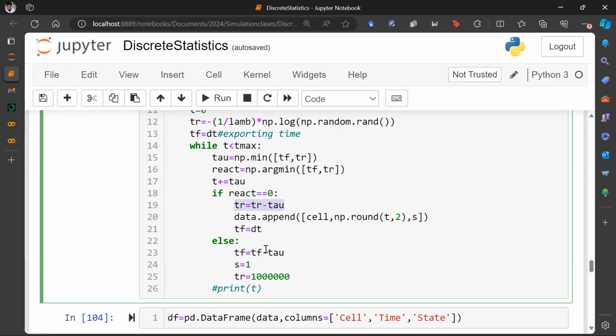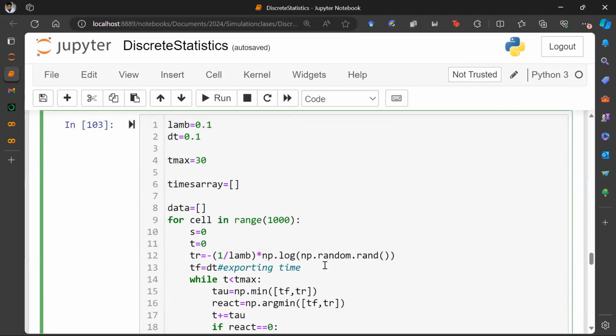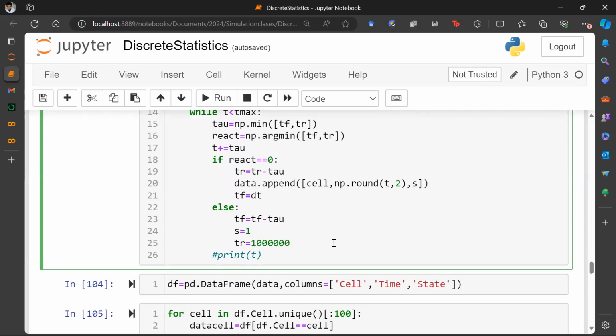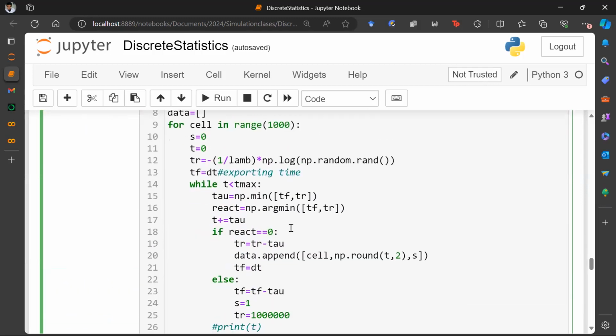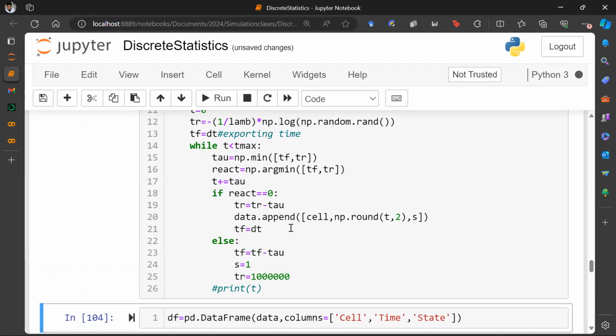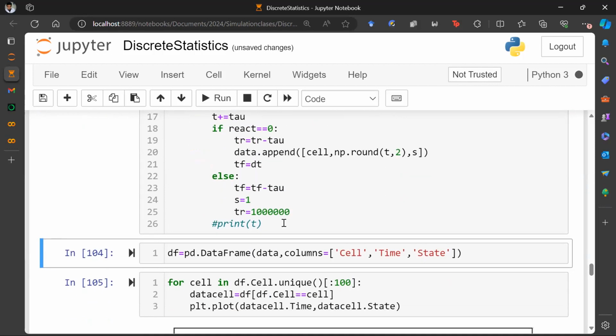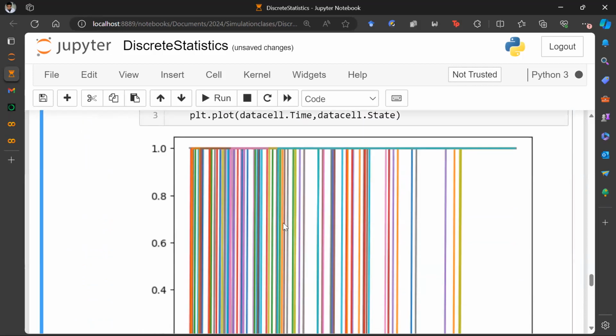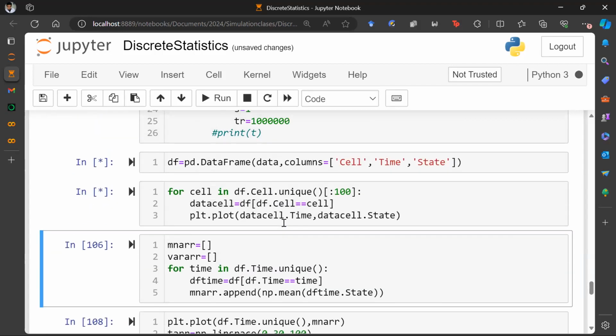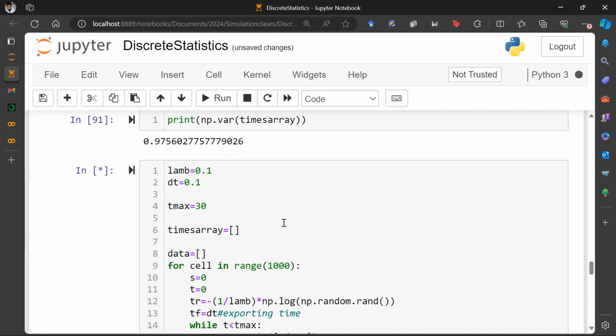The time for exporting is going to be reduced by tau. My state is going to be 1, and given I don't have more reactions, my time to reaction is going to be infinite because the reaction already occurred. Okay, so I'm going to explain this in another example later, to explain why this is the algorithm I'm choosing. Okay, so I do the same. You can run this code from home.